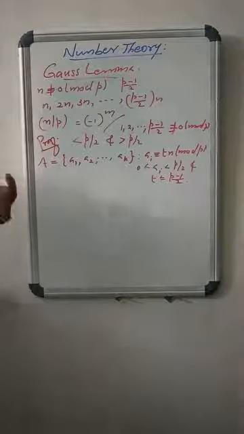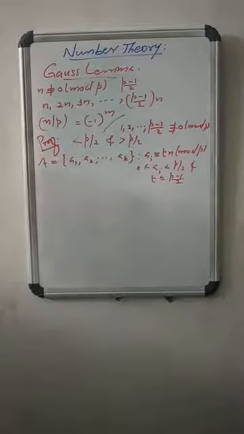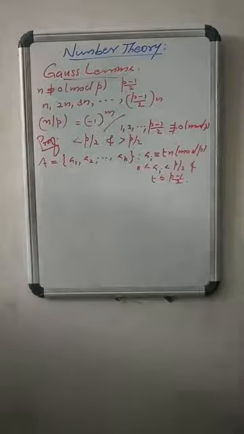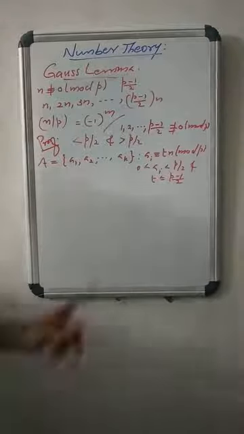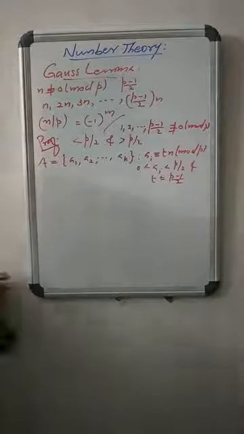We distribute the least positive residues of these multiples of n into two disjoint sets A and B, such that A is A1, A2, etc., Ak, where Ai is congruent to tn mod p and Ai lies between 0 and p/2, with t less than or equal to (p minus 1)/2.